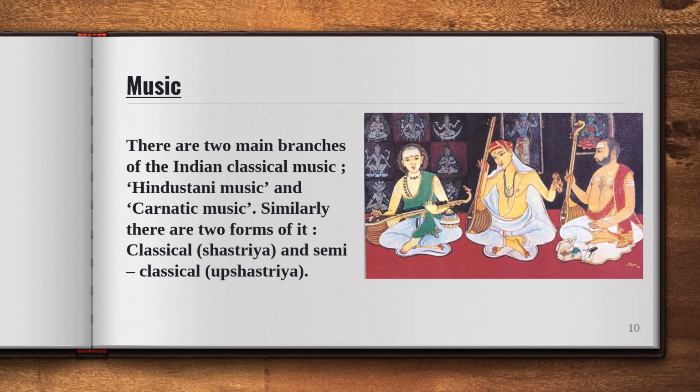Similarly, there are two forms of it: classical, that is Shastriya, and semi-classical, that is Upshastriya. Semi-classical and light classical performances are like classical music, but they involve considerable improvisation and less instrumental accompaniment.